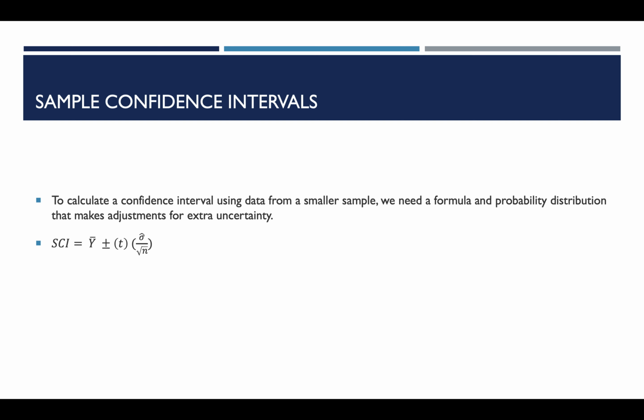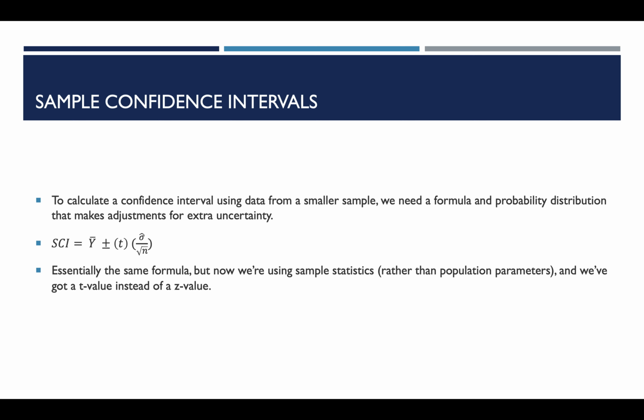Here, the Greek letters refer to sample statistics as opposed to population parameters. So again, we can interpret this equation as y bar plus or minus t times the sample standard error. That is to say, we're going to take our mean from the sample and add and subtract a t critical value times the sample standard error, which again, you know how to calculate in Excel now.